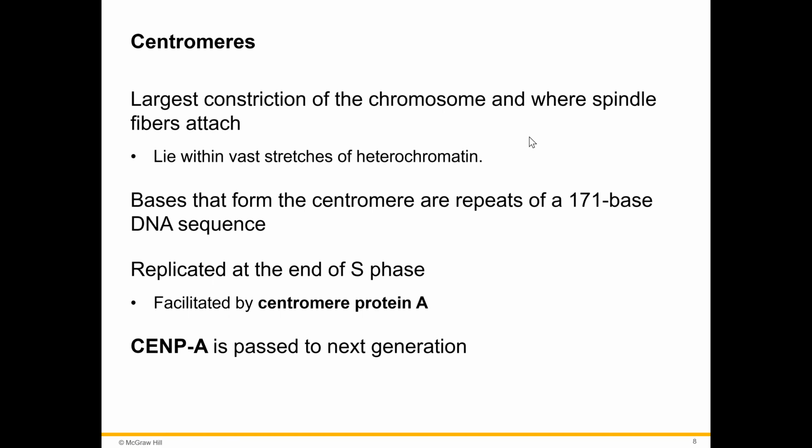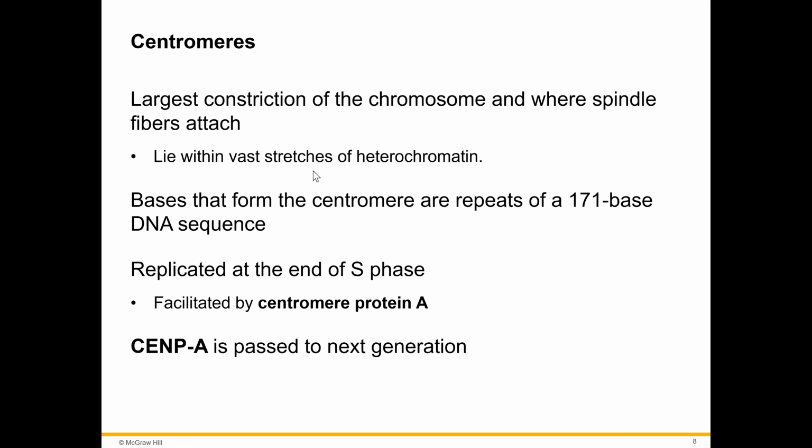But when your cell divides, you need to separate those sister chromatids. To do that, you need to attach special proteins called a spindle to a chromosome and pull them apart. And where the spindle is attached to the chromosome, that's called the centromere.